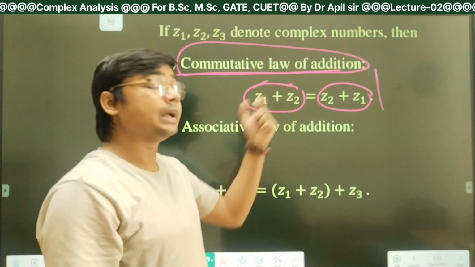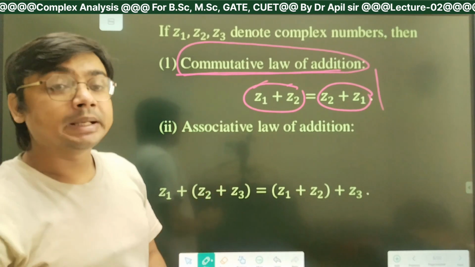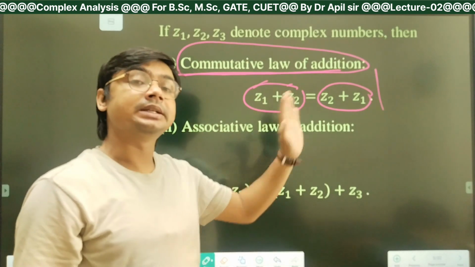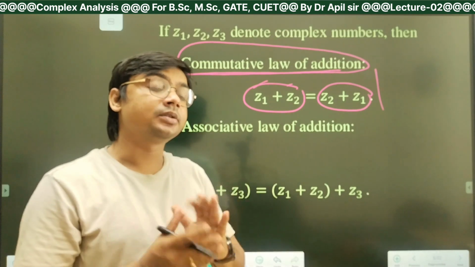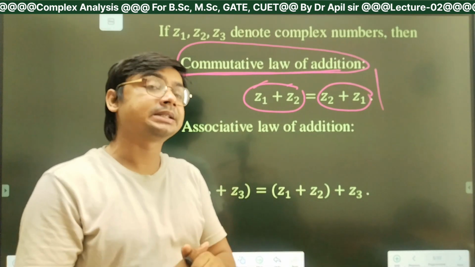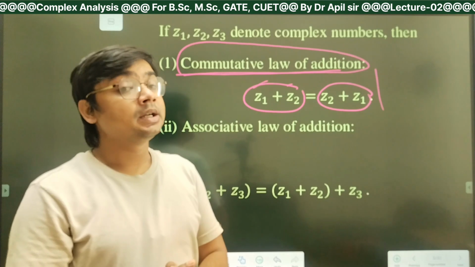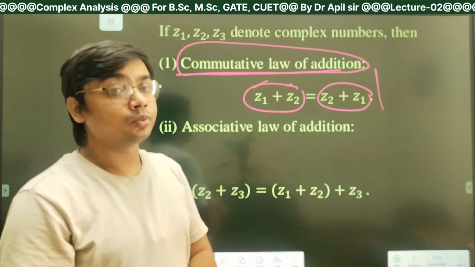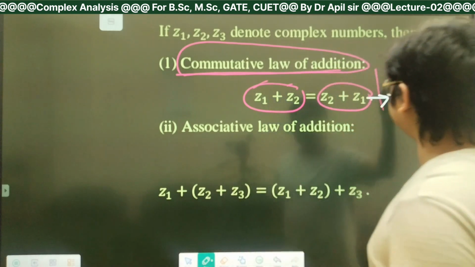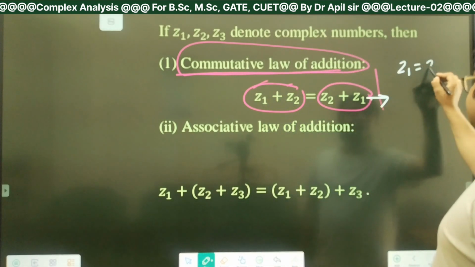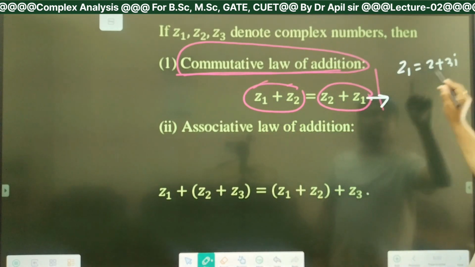In case of addition, complex numbers always satisfy this property. So we can say the set of complex numbers always satisfies the commutative property with respect to addition, right?